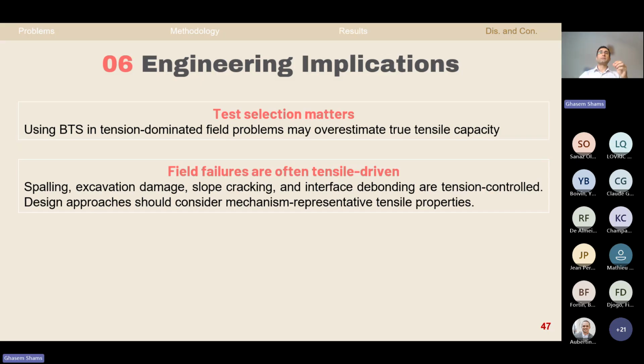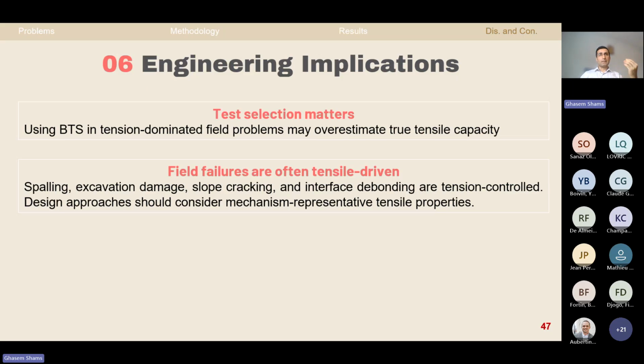Design approaches should consider mechanism representing tensile properties. If we are able to use the acoustic emission or microseismic monitoring in the field, we can determine the type of microcracks during the construction, for example, when the crack initiates, where it initiates, and the type of microcrack.